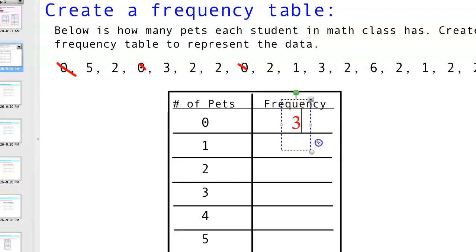Then for 1, I'm going to do the same thing. I have 1, 2. Then for 2, I'll do the same thing. I go through and count how many 2s I have. 1, 2, 3, 4, 5, 6, 7, 8.